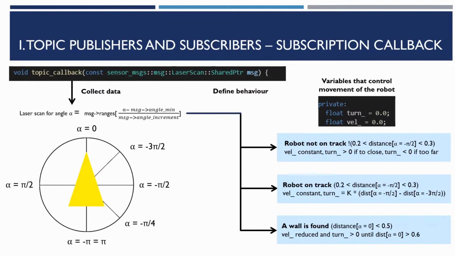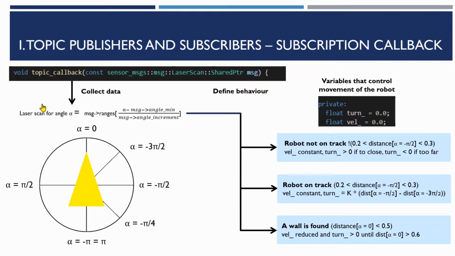So we have three behaviors. If the robot is not on track, the speed is constant and it's going to turn closer to or farther away from the wall. If the robot is on track, it tries to minimize the difference between the front right measure and the back right measure, so it goes in a direction parallel to the wall.